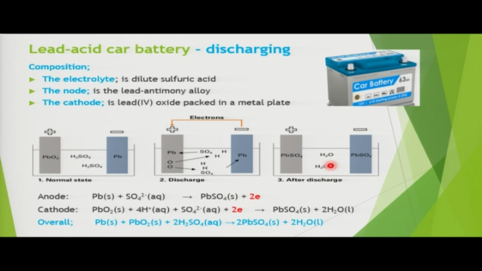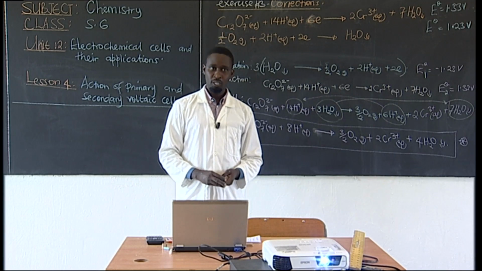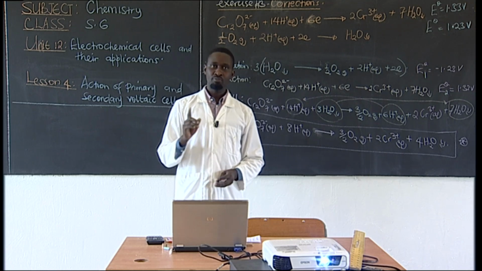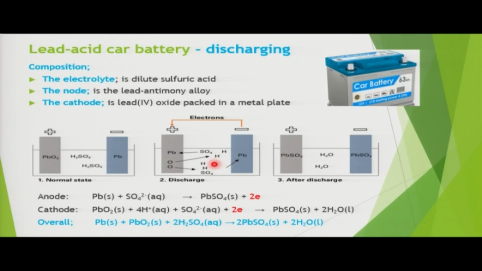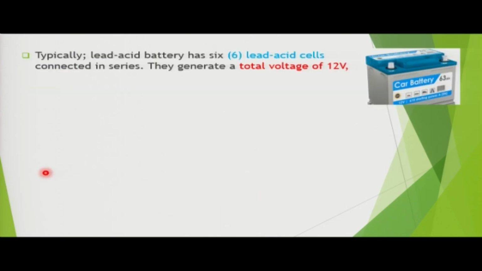It is no longer producing enough voltage or enough current to let the car move. So it needs to be recharged. The point to note here is the presence of the electrolyte, sulfuric acid, and the electrodes, lead and lead 4 oxide.